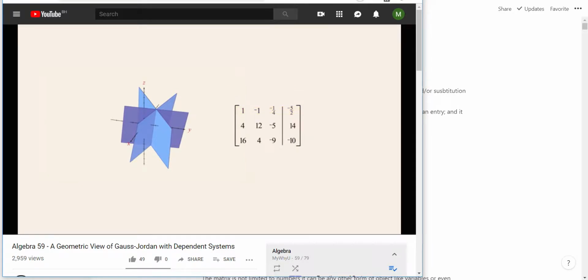As we saw in the lecture entitled A Geometrical View of Gauss-Jordan Elimination, scale operations have no effect on the planes. We then change the entry below to a 0, using a pivot to add -4 times row 1 to row 2.